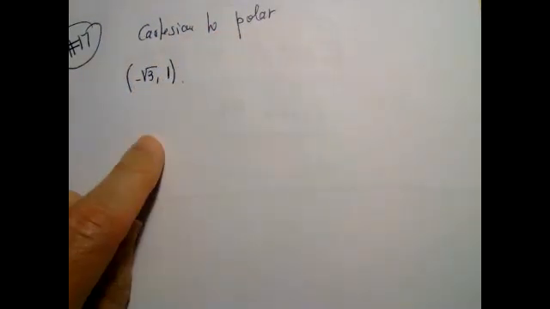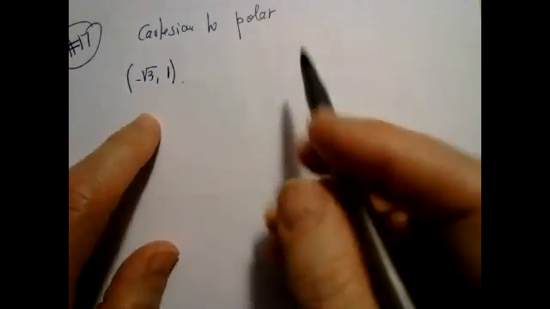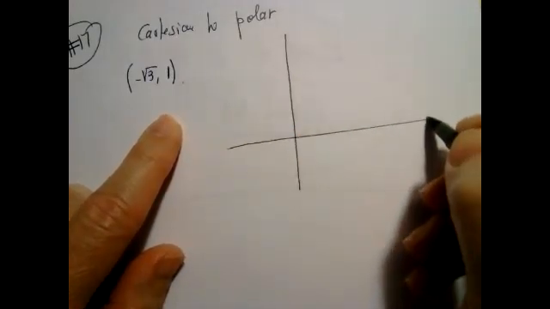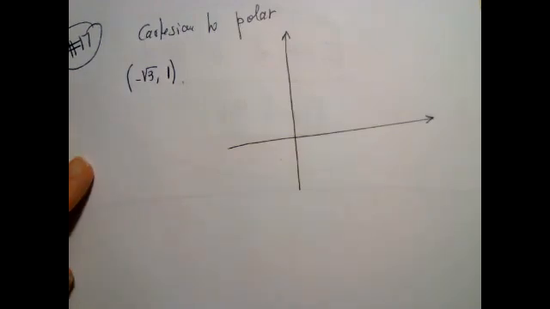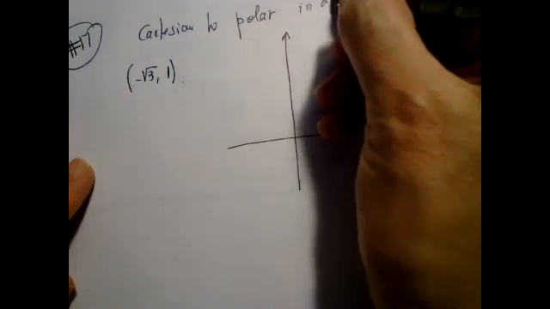Okay, so this is the Cartesian, and then we have to find the polar. They don't say in degree or in radian, so let us do it in degree.